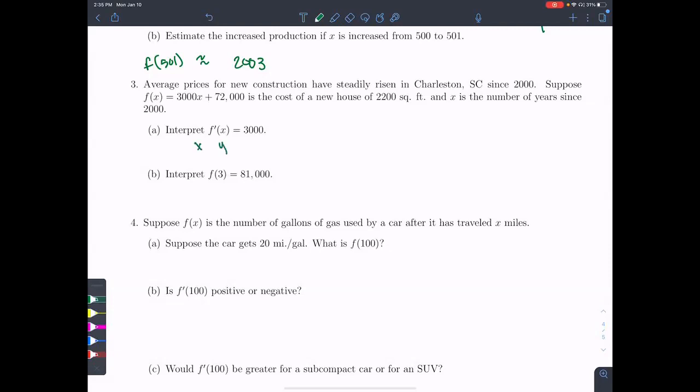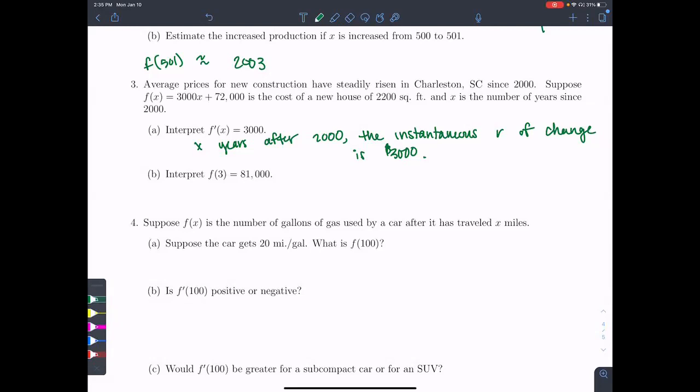So the cost of the house increases by $3,000.